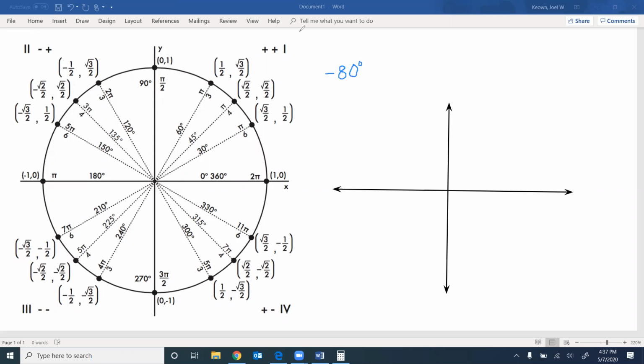Negative just means I'm still starting at the same point, but instead of going counterclockwise, I go clockwise. So negative 80 would go this direction, and there's 90 degrees, so 80 would be just a little bit less. Not being super precise, so there you go. That angle right there would be negative 80.